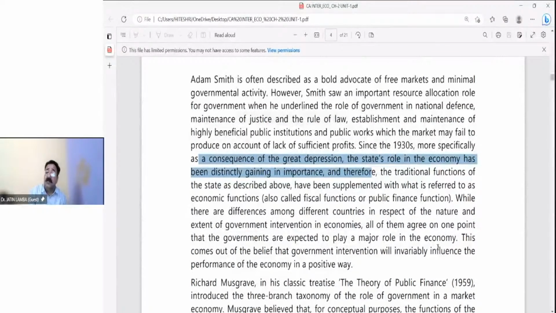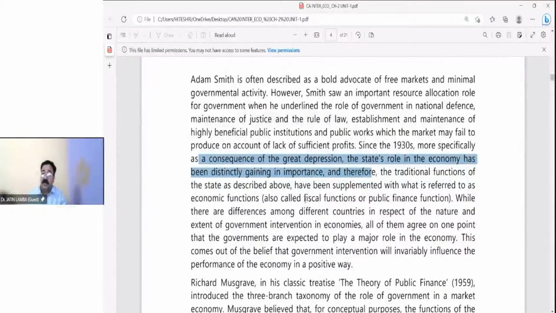So it was very clear that the government has to interfere. Government intervention is necessary because if you leave the market to free market forces, there will be the kind of depression which the whole world faced in the 1930s as the Great Depression, right?